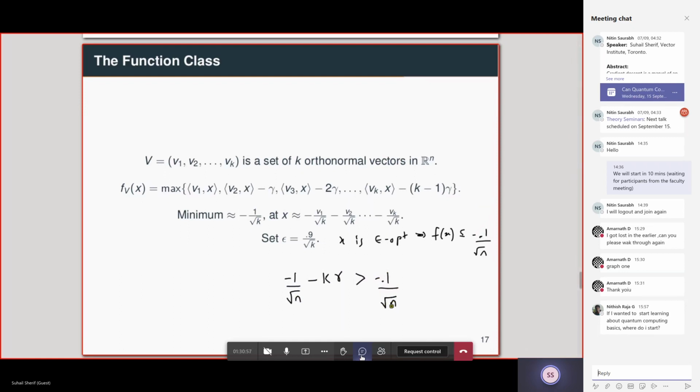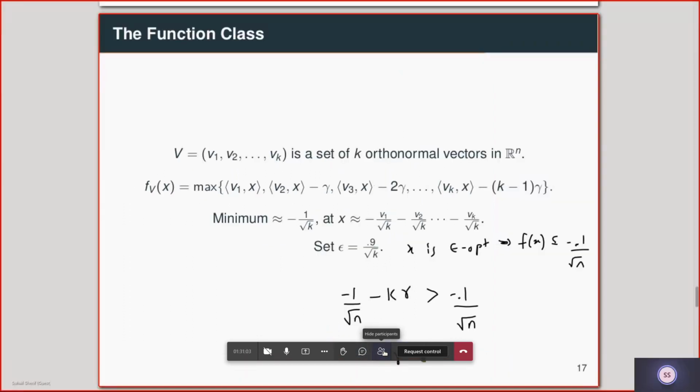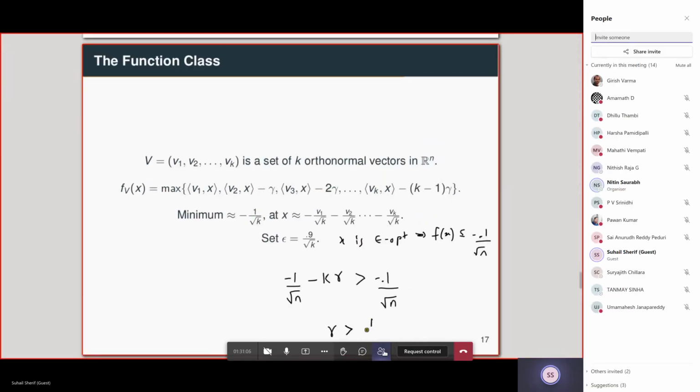The other constraint is that gamma is small, but it's large compared to 1 by square root n. So we want gamma to be greater than 1 by square root n. Combining these two, n has to be at least 1 by epsilon to the 6. Sorry, this is k.